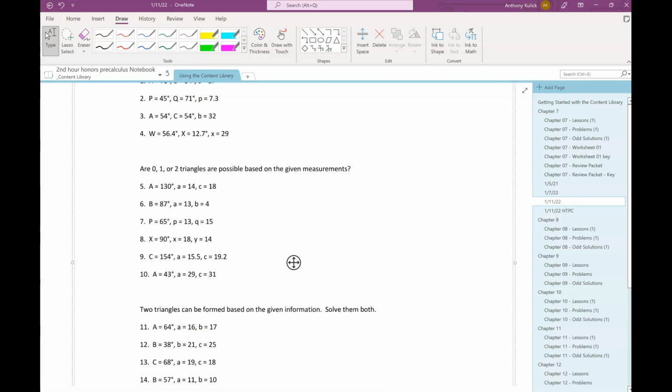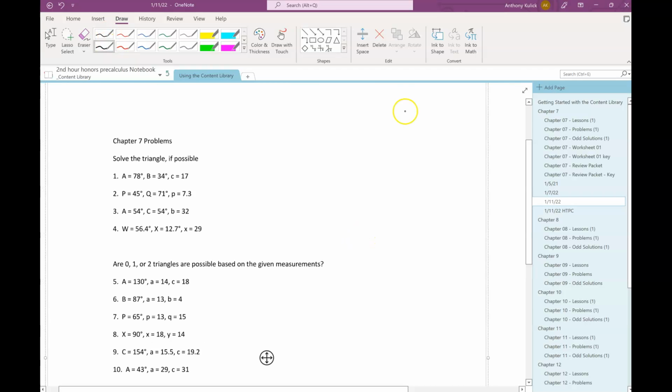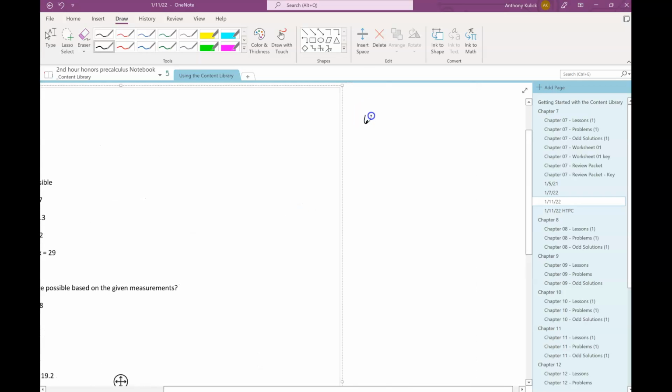You said 6? Yeah. Sure. So here we're just determining whether we have 0, 1, or 2 triangles. So I'll start by drawing my picture and labeling it.